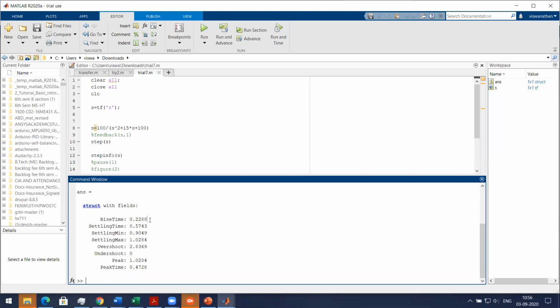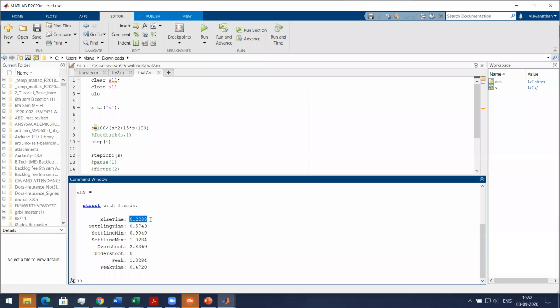Am I clear? The rise time we calculated was from 0 to 100% rise. What is the rise time? That was some 0.35 seconds. But MATLAB calculates the time taken from 10% to reach 90% of the total value.